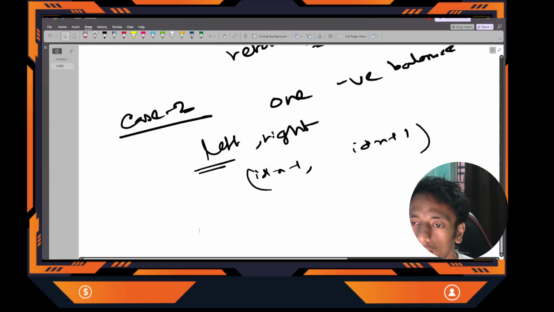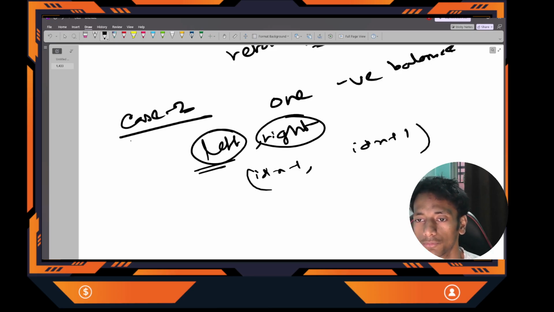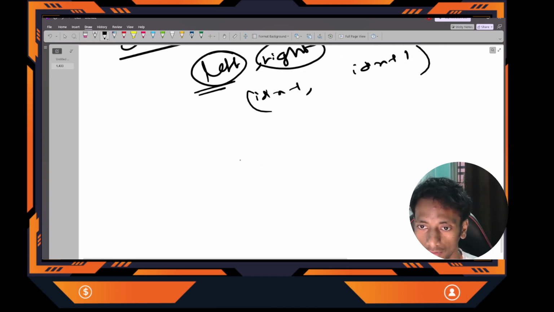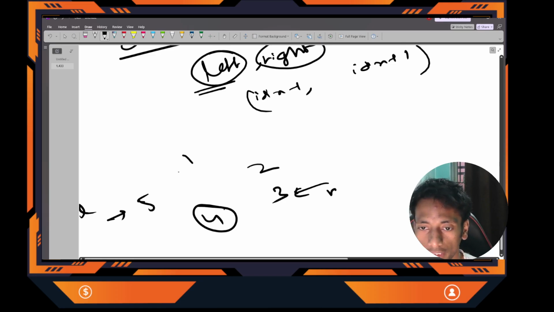So left pointer and right pointer, I've already explained why we need 2 pointers: from the left pointer and right pointer it will compute the minimum distance, like the next closest position from the person with the negative balance, right? If I visualize this again, suppose this is negative, so this will be left and this will be right, okay?